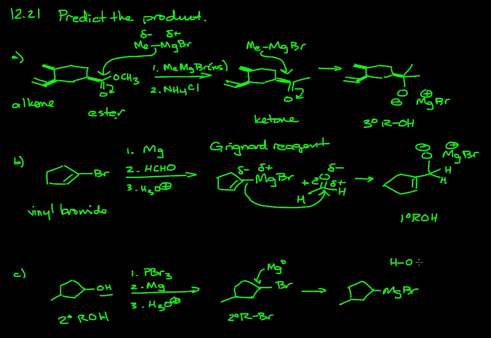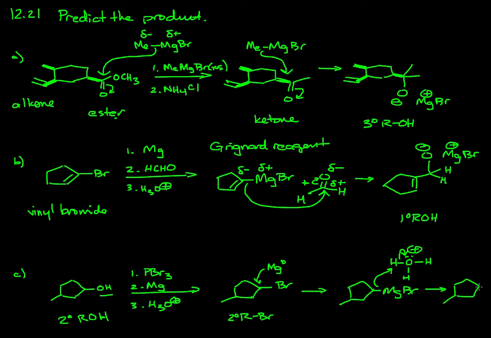If we draw out hydronium, this step is going to protonate that carbon. So our product is going to be the alkane.